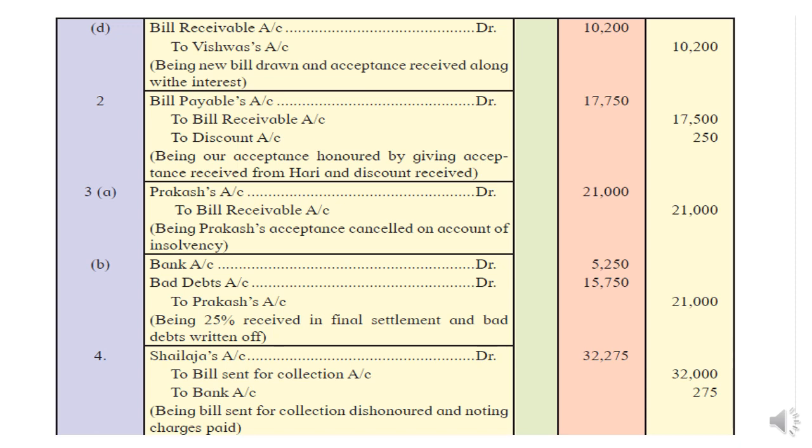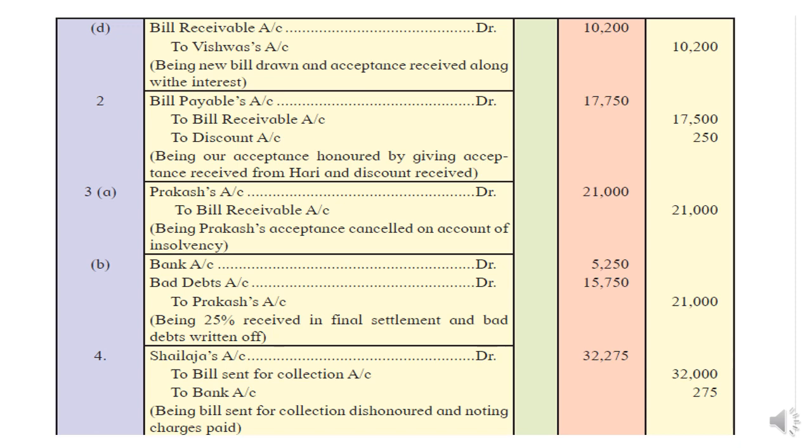Okay, so now the second transaction. What does the second transaction say, student? Mayur has honored his payment by giving another bill receivable to his creditor. Whatever the amount was payable by Mayur will be the bills payable.